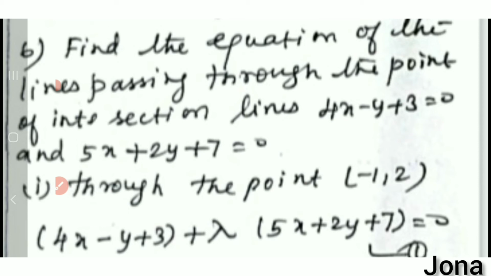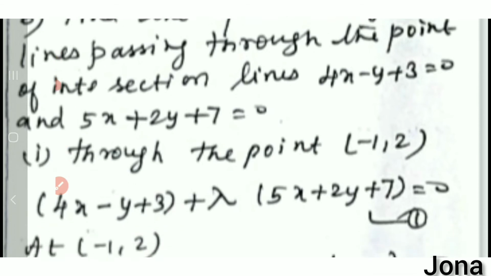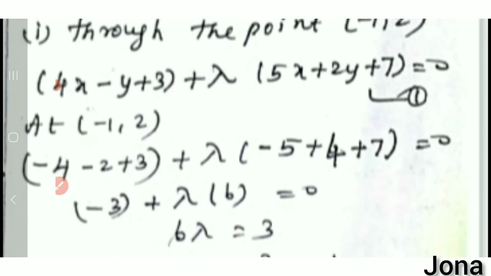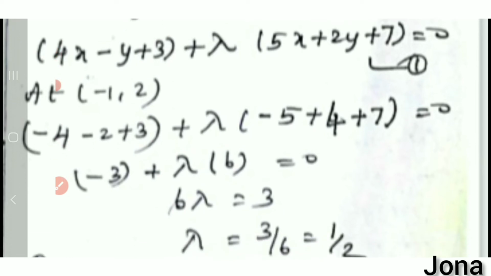So we can write the equation as the first line, 4x minus y plus 3, plus lambda into the second equation, equal to 0. It passes through minus 1 comma 2, isn't it? So we have to substitute for x and y here.